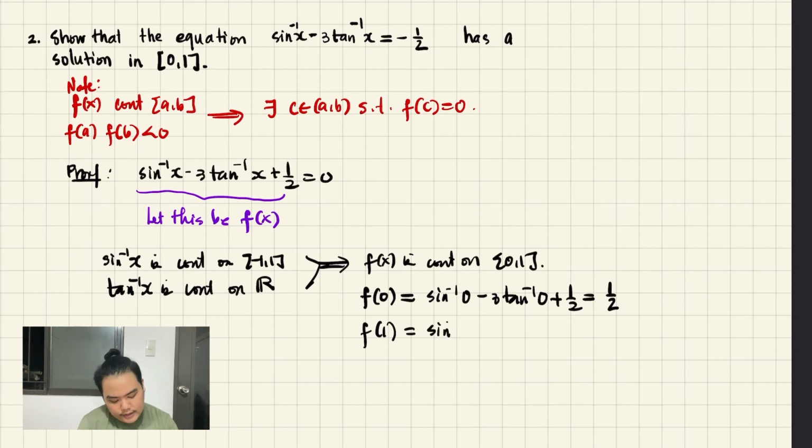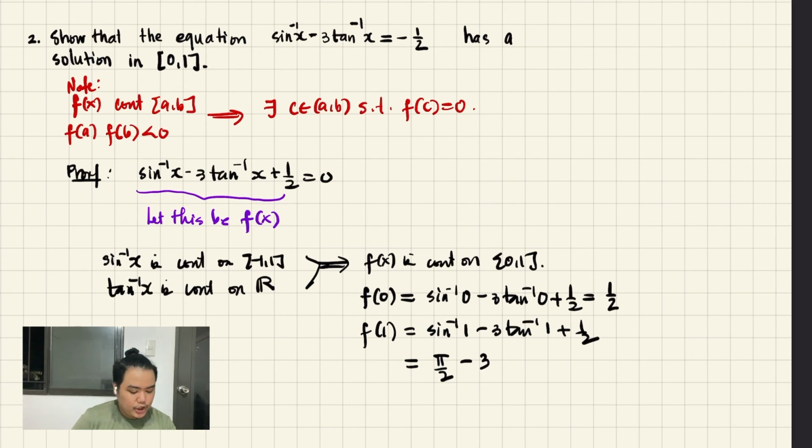F of 1 is sine inverse of 1 minus 3 tangent inverse of 1 plus 1/2. What is sine inverse of 1? It is pi over 2, since the sine of that something should be 1. Then minus 3 times tangent inverse of 1, which is pi over 4, and then plus 1 half.